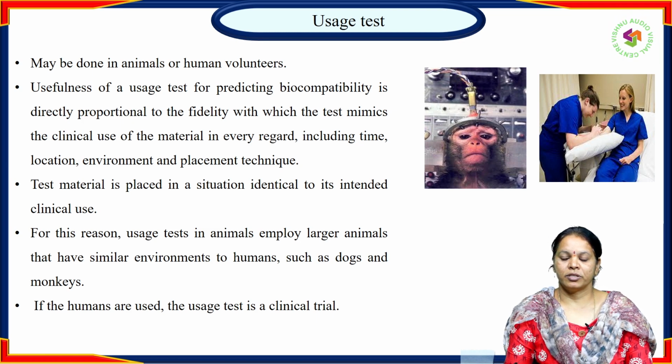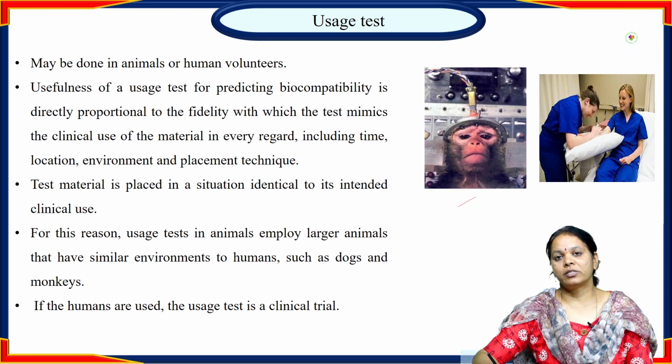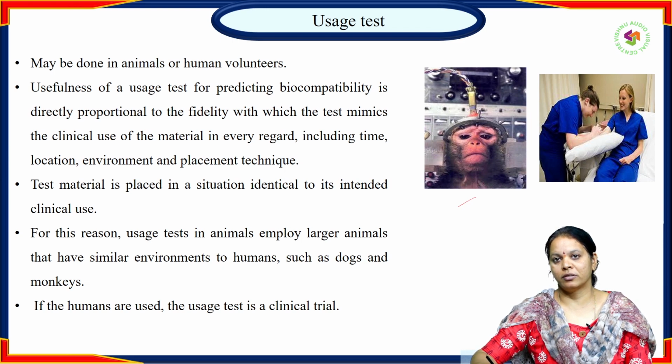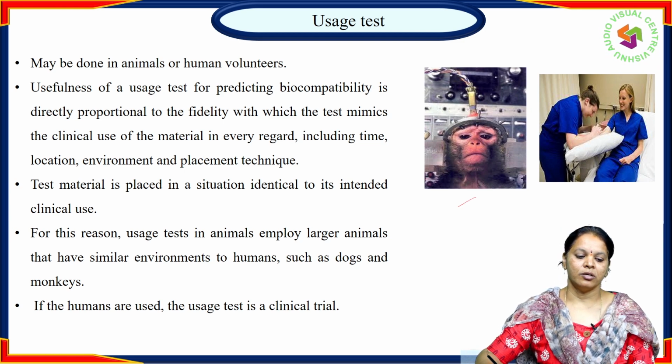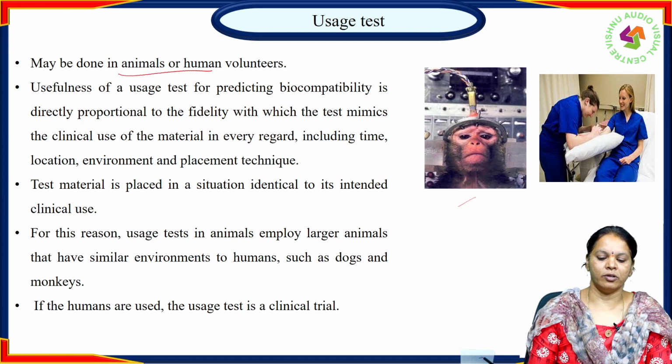So prior to involving human volunteers, we will be choosing animals of sophisticated metabolism, which include monkeys, donkeys, dogs, and so on. So as I told you, it may be done in animals or human volunteers.